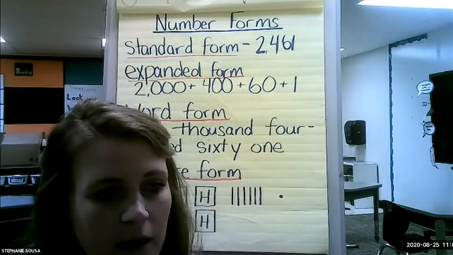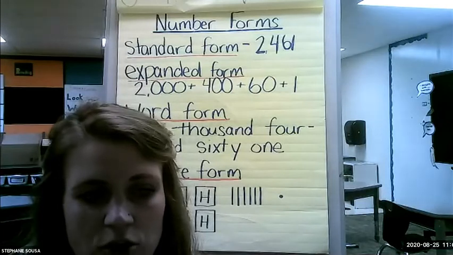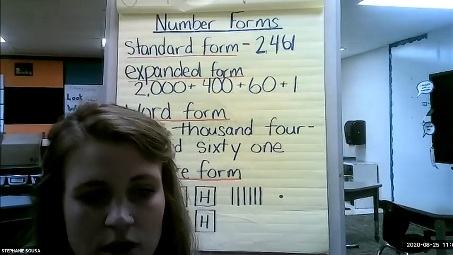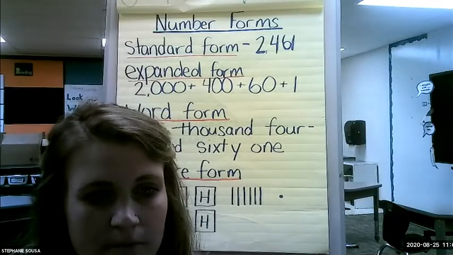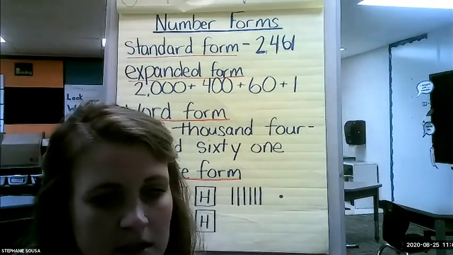Your next number that I would like for you to create is 741. I need to make that a little bit bigger for you. 741. Let me share my screen. There we go.